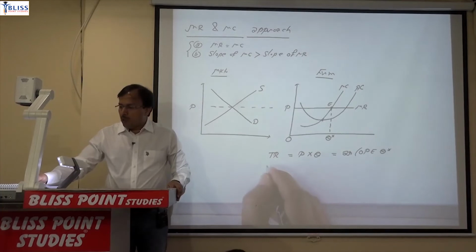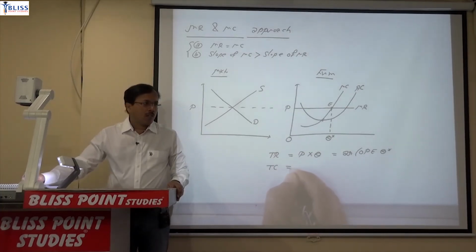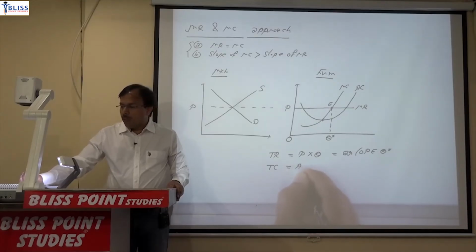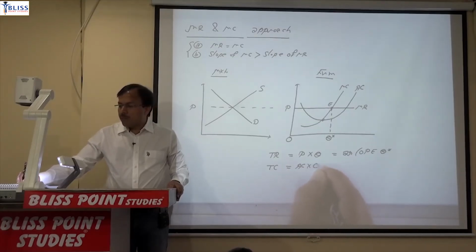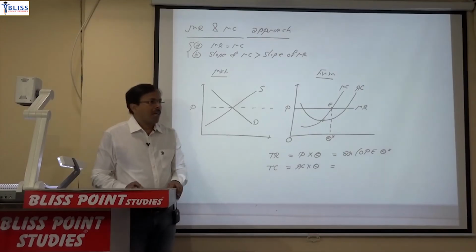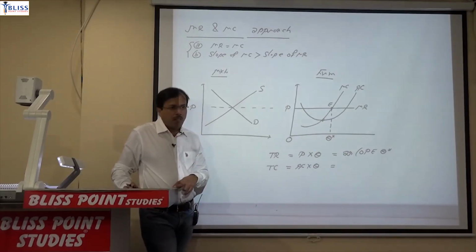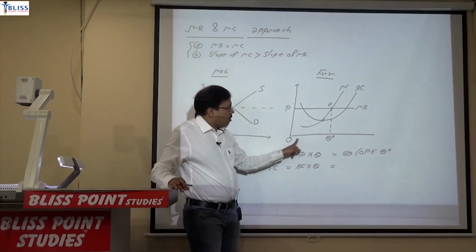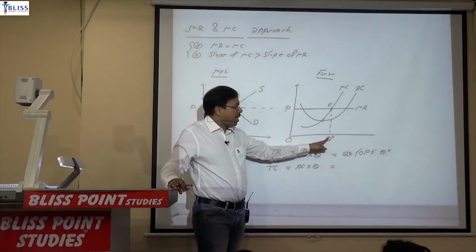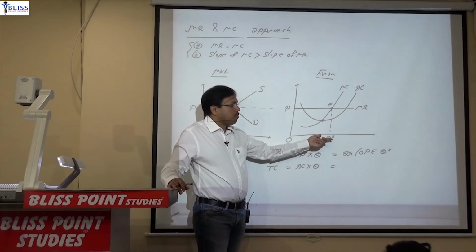From total revenue you have to subtract what? Total cost. And what is total cost? Average cost multiplied by quantity. Average into quantity करेंगे total आ जाएगा. Clear? So how much is the quantity? Q star. For that quantity, how much is average cost?